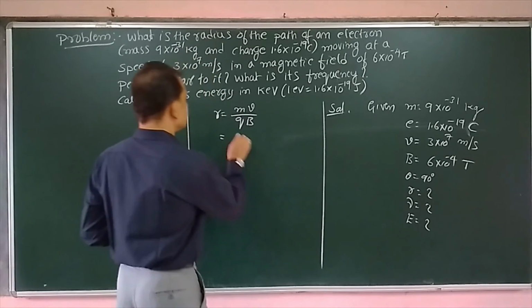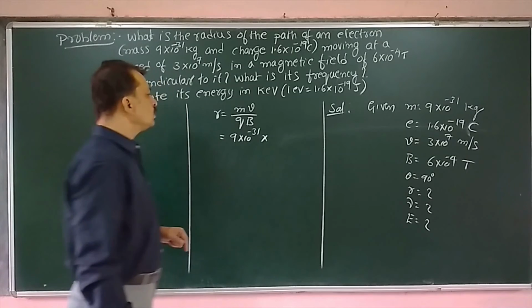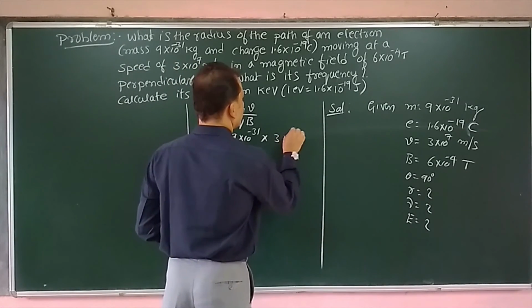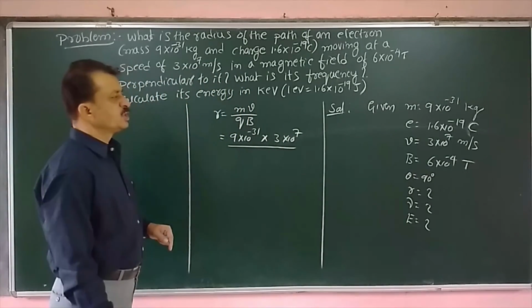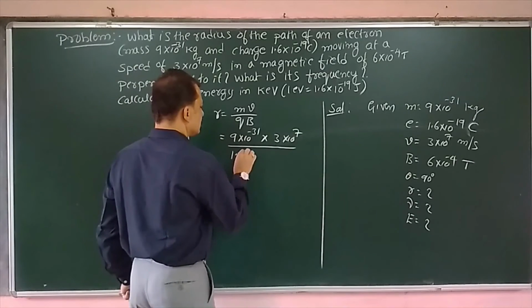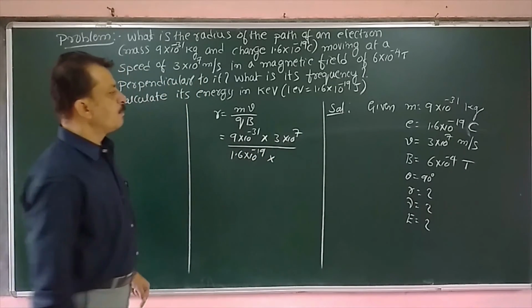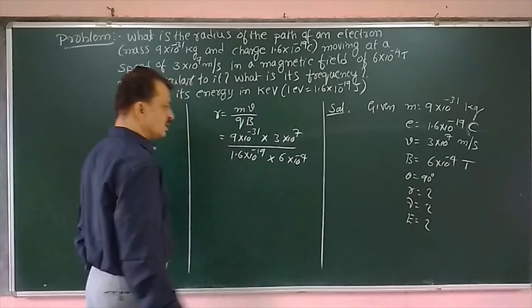So mass is 9 into 10 to the power of minus 31 multiplied by velocity 3 into 10 to the power of 7, whole thing divided by charge 1.6 into 10 to the power of minus 19 multiplied by magnetic field 6 into 10 to the power of minus 4.